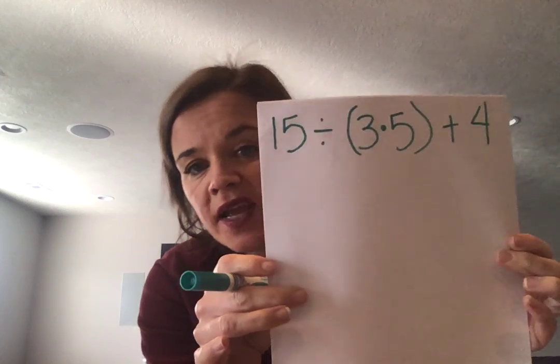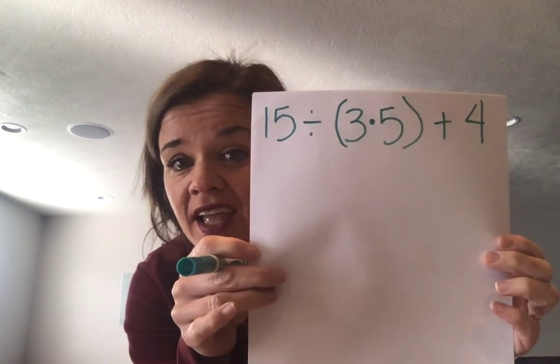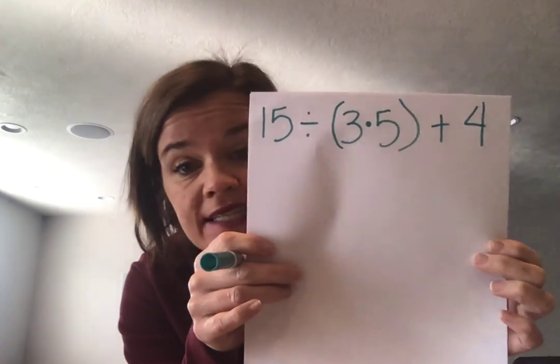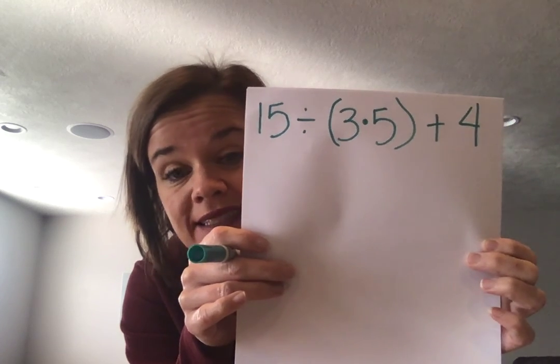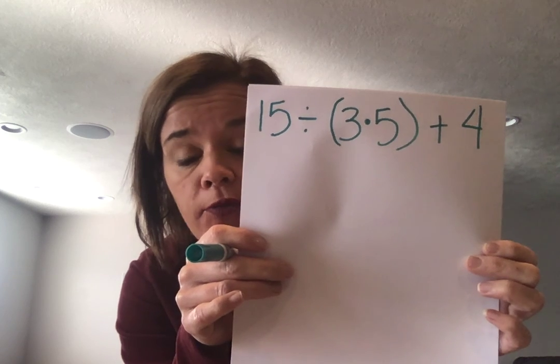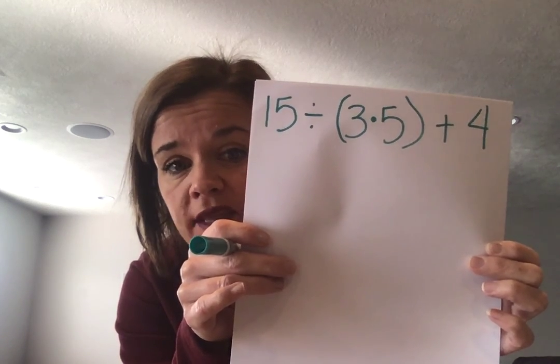Here's my expression, and I know it's an expression because it doesn't have an equal sign. I'm going to simplify it, which means since I have no variables, I am going to solve it. I'm going to come up with the answer.